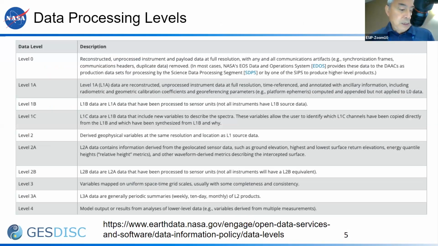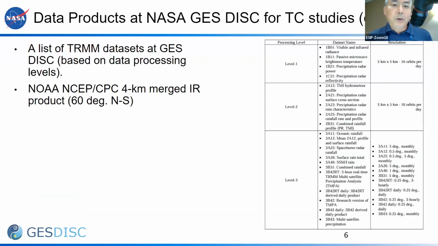So before giving details about the products, let's review the product processing levels. I'm not going to repeat this since it has been presented earlier.